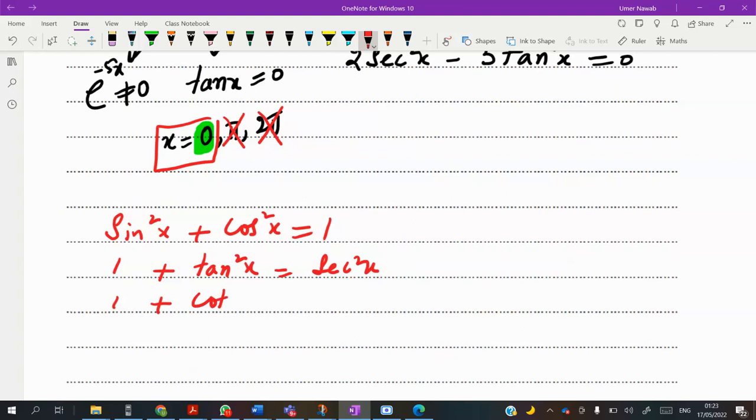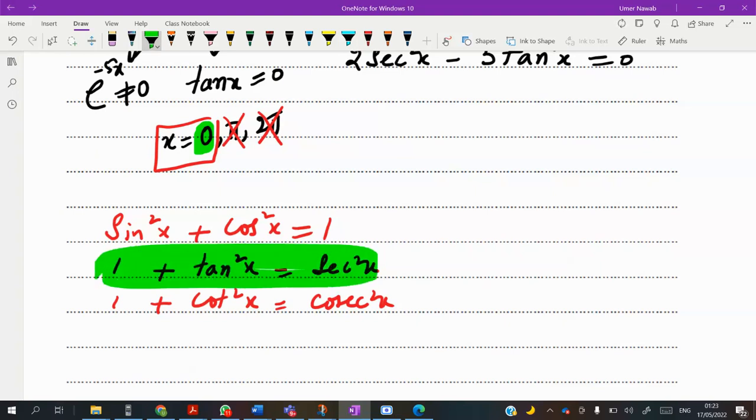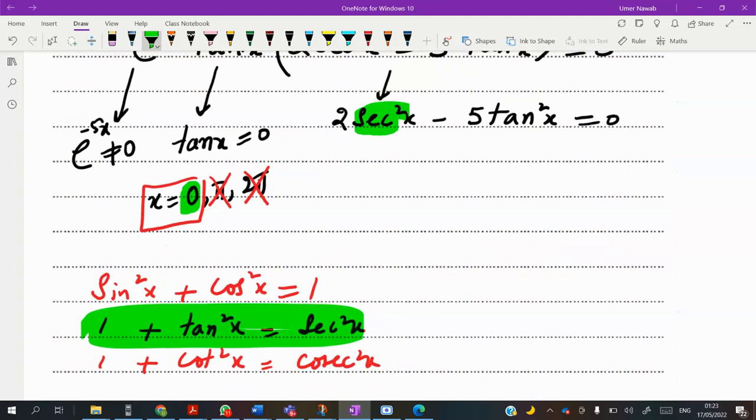And 1 plus cot square of x is equal to cosecant square of x. Will you allow me to use this Pythagorean identity? So in the place of secant square, I'm going to write 1 plus tan square of x, minus 5 tan square of x is equal to 0.